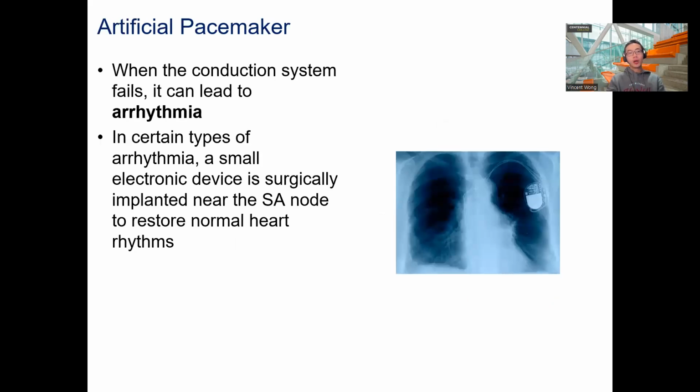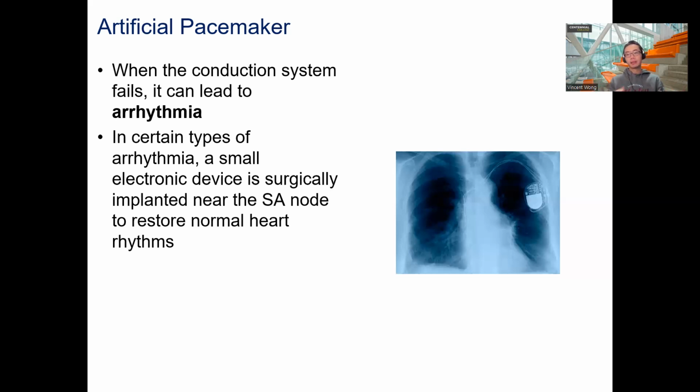So an artificial pacemaker is needed when the conduction system fails. If your heart is not able to set its own pace, then it could lead to arrhythmia. Arrhythmia is basically irregular heartbeat. It might go really fast, or it will go really, really slow, depending on the type of arrhythmia you have. And sometimes it's irregular in the sense that there is some delay in the signal conduction system.